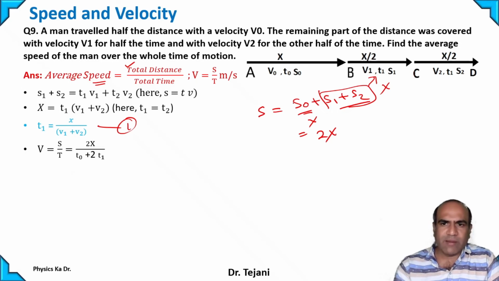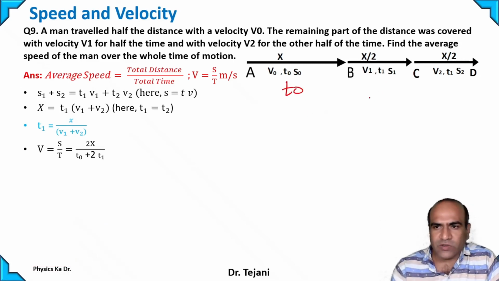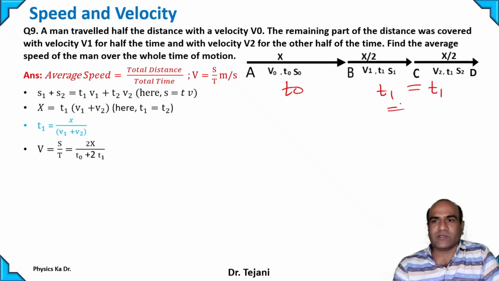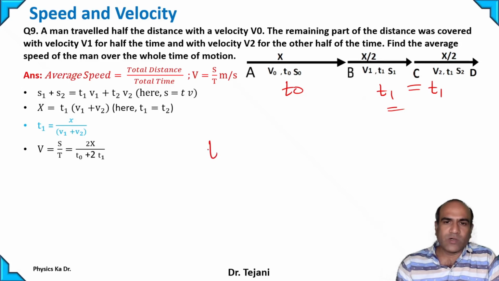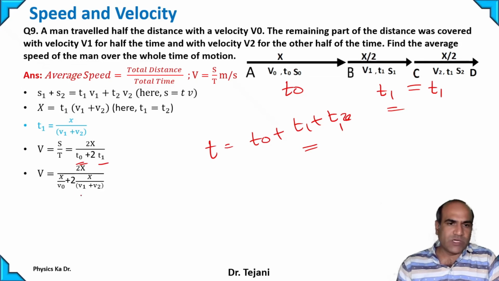And for total time, here it is taking t0, here it is taking t1, here it is also taking t1. Both are equal, t1 is equal to t2. So can we say total time is equal to t0 plus t1 plus t2, that is t0 plus 2t1.